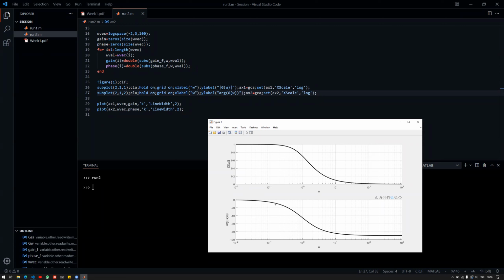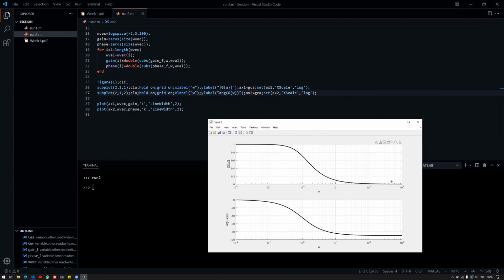A slight phase shift starts here somewhere, but at this frequency, we have the corner frequency of this sort of filter or transfer function. And then it starts to drop down in gain, and also the phase difference becomes larger and larger. And at some point, signals are attenuated or rejected at this point because it's equal to 0.